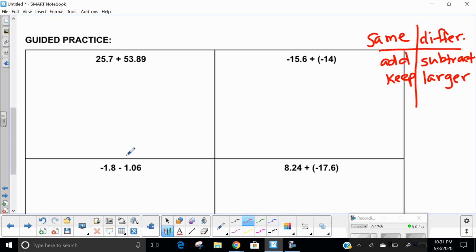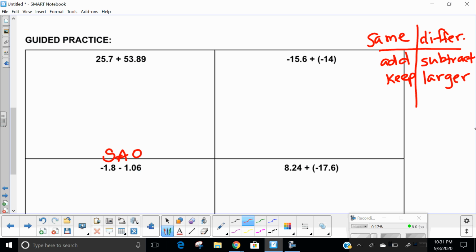So let's take a look at this problem down here because it's subtraction. Now remember, subtraction begins with the letter S, and our subtraction strategy also begins with the letter S, and we want to do SAO for the steps that we have to take. So what are we going to do here?